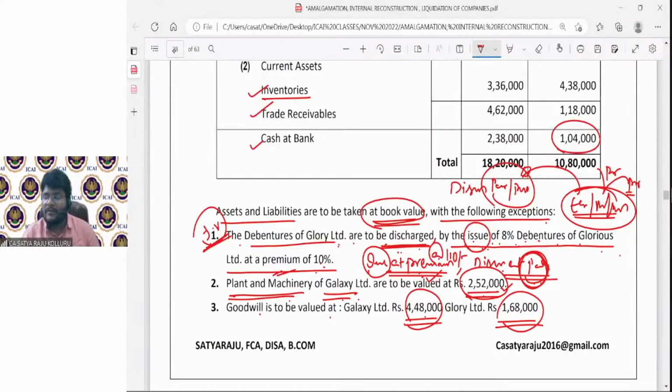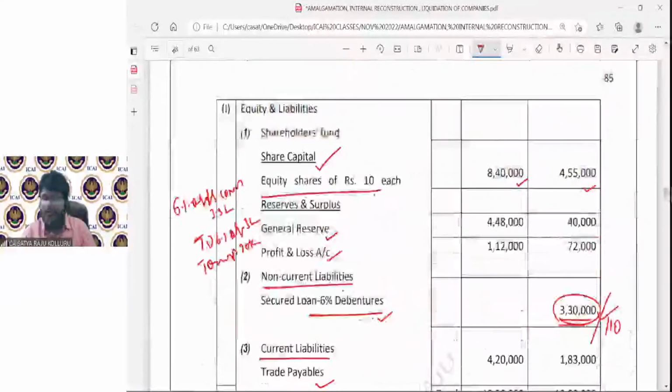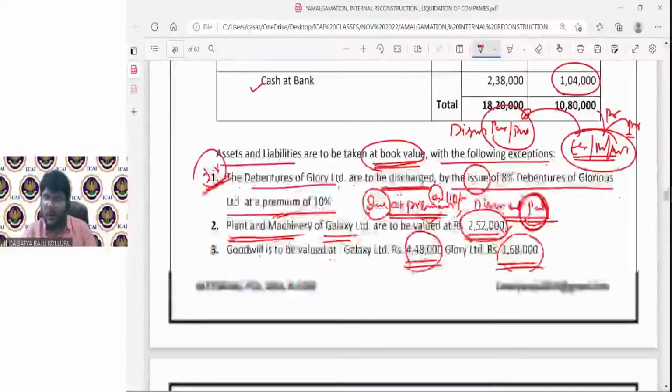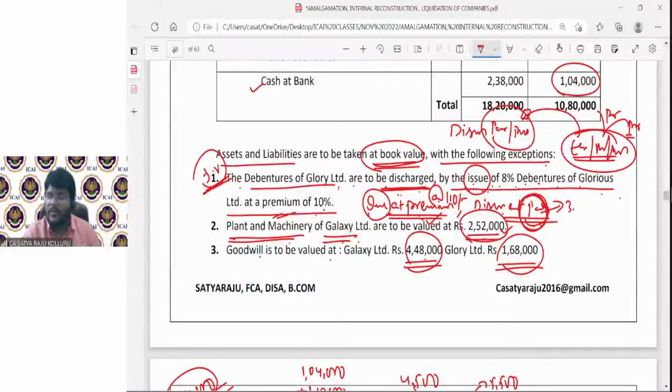Discharge at par means the total worth of debentures is 3,30,000. I need to discharge by paying the amount of 3,30,000. Now how am I issuing each debenture? Each debenture is issued at 110 rupees. Then how many debentures do I need to issue? 3,000 debentures. If you issue the debentures, what is the journal entry? Debit debentures, credit securities premium.